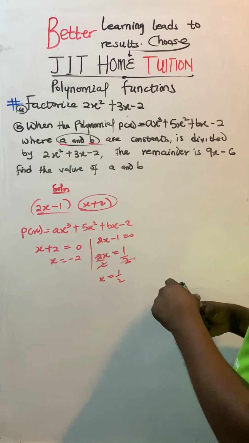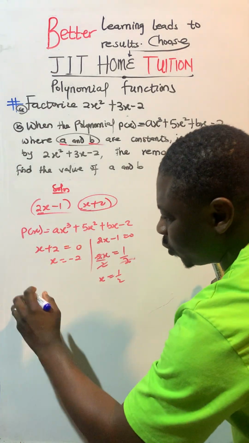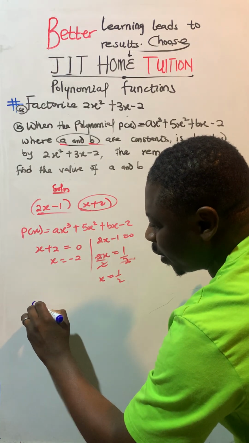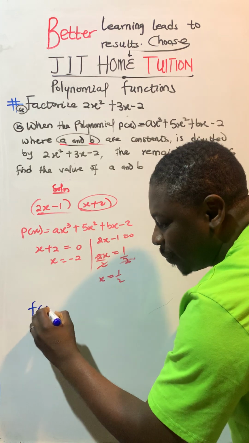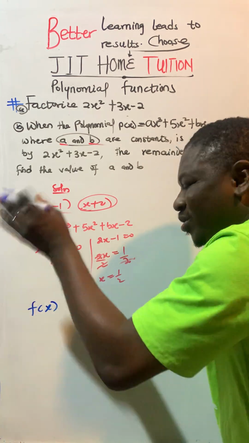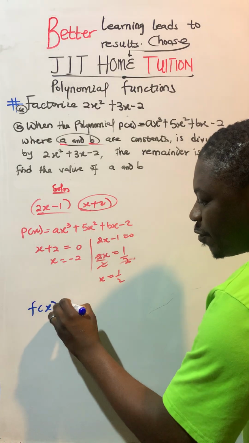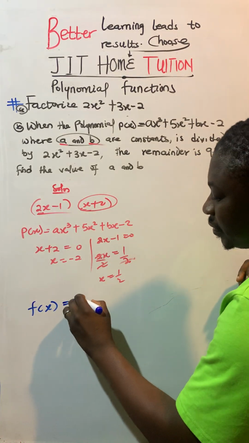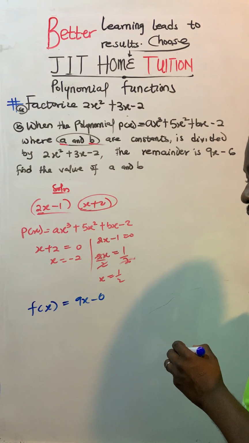So for now we are not going to put in the value yet, but what the question is saying is that when you put in the value of x, for either of these, the remainder is 9x minus 6. I hope you are following.